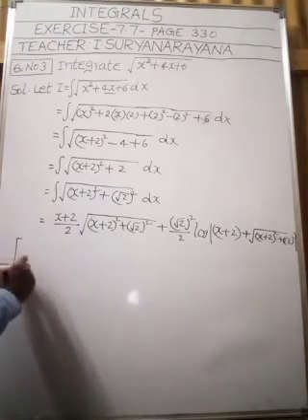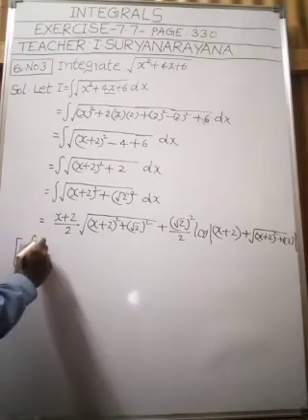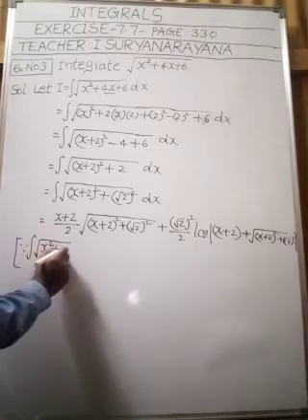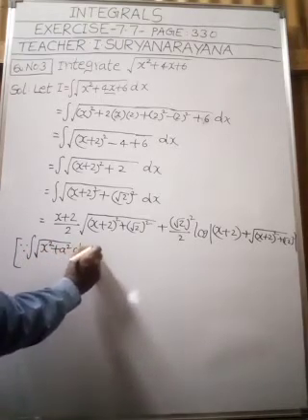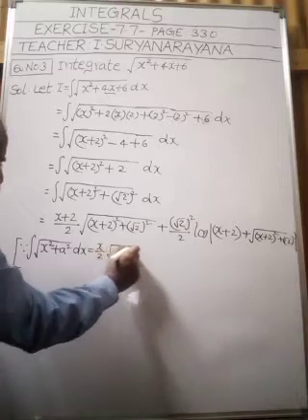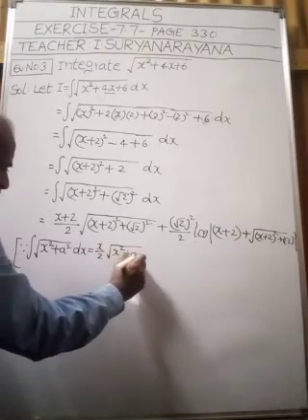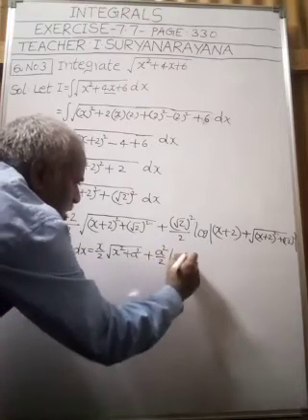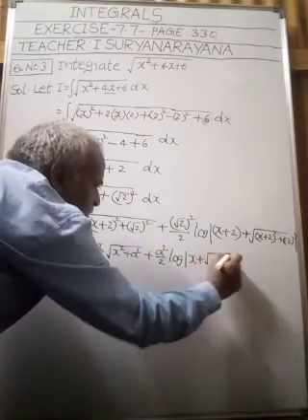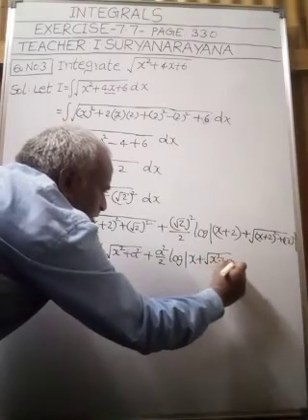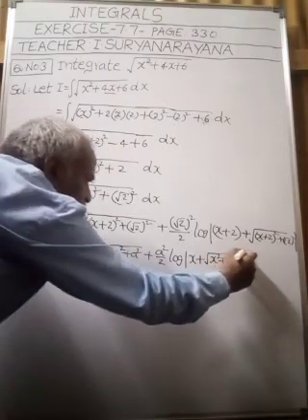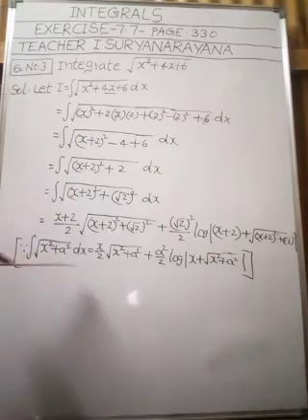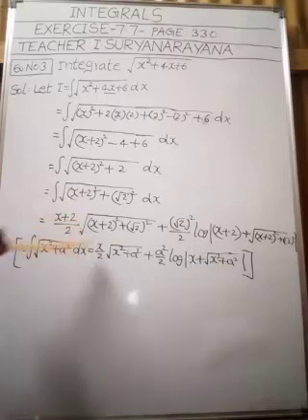Because integral root of x square plus a square dx is equal to x by 2 root of x square plus a square, plus a square by 2 log mod x plus root of x square plus a square. By using this standard integral, we wrote this step where x is equal to x plus 2, a means root 2. Understood this step, my dear children?